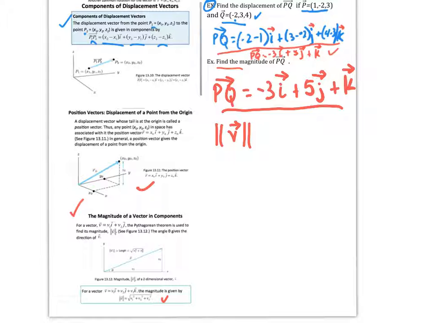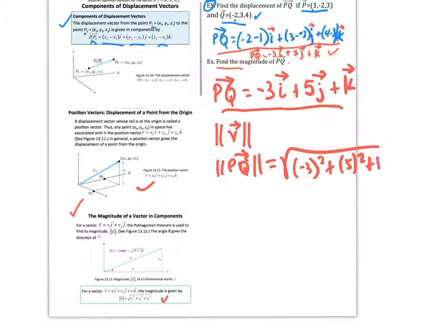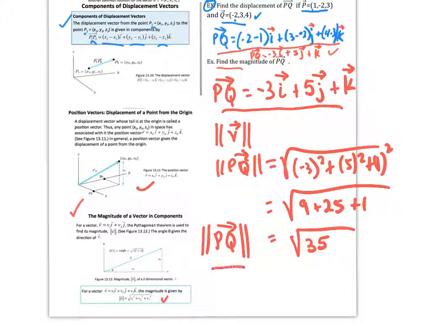The magnitude of V, which in this case now is PQ, the magnitude of PQ is equal to the square root of -3 squared plus 5 squared plus 1 squared. Magnitude of PQ is going to be then square root of 35. So that's the length of that.